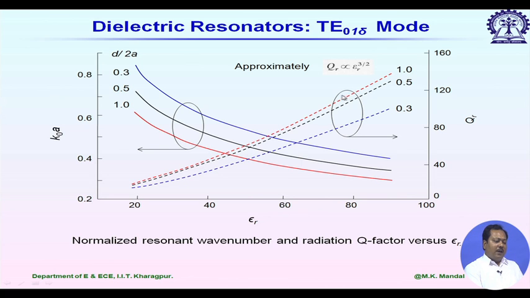Now we have three curves for three different aspect ratios. We see that a smaller aspect ratio, 0.3, provides lower QR, that means higher bandwidth. So, if I want to design an antenna using a cylindrical dielectric resonator, we have to use lower epsilon r and lower aspect ratio.